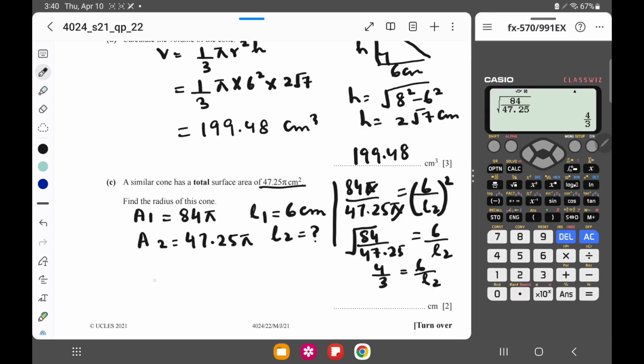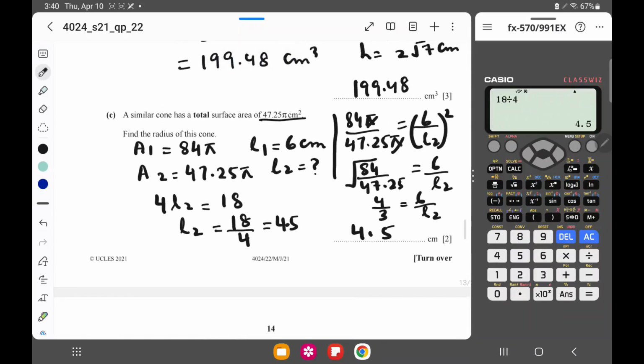Okay, cross multiply. 4 L2 is equal to 6 times 3 is 18, and the L2, which is the radius of the other cone, is 18 divided by 4, which is 4.5. So the radius of the other cone is 4.5 centimeters in this question.